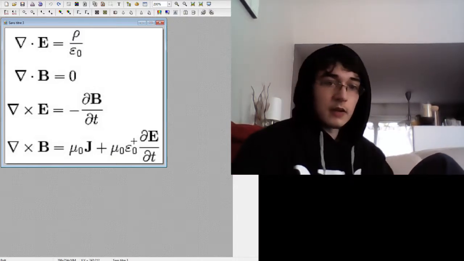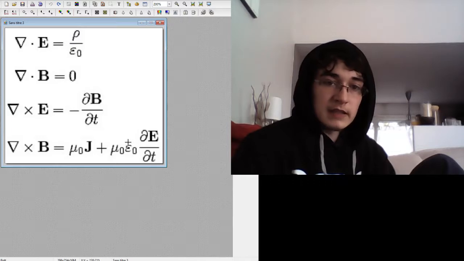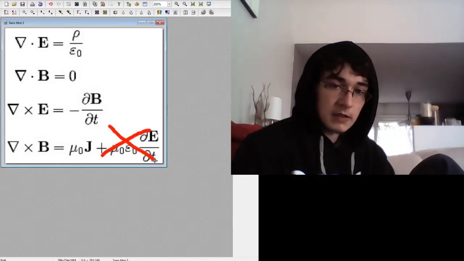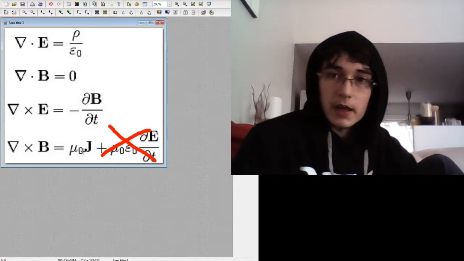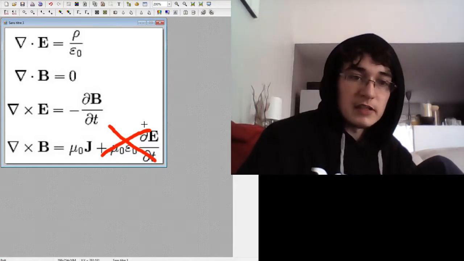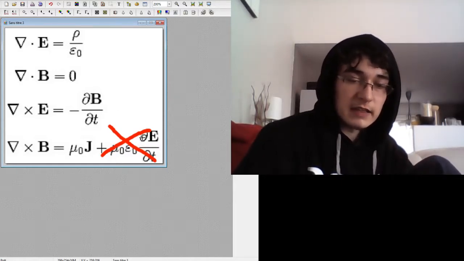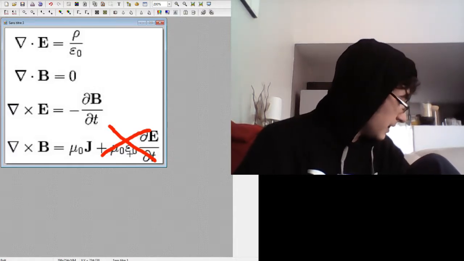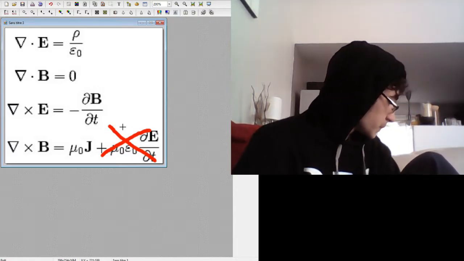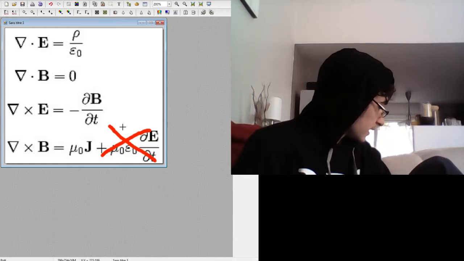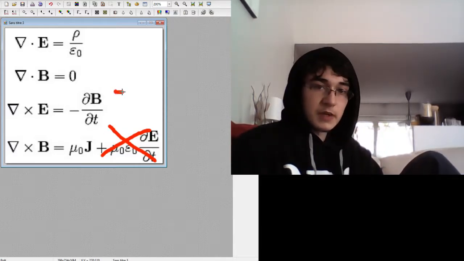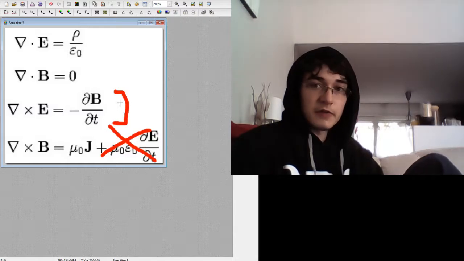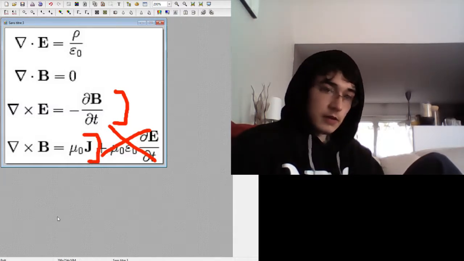So in this you can remove this part, because you are saying that it doesn't really matter by hypothesis, and you obviously conserve this because the magnetic field has nothing to do with the hypothesis, and this one is okay.